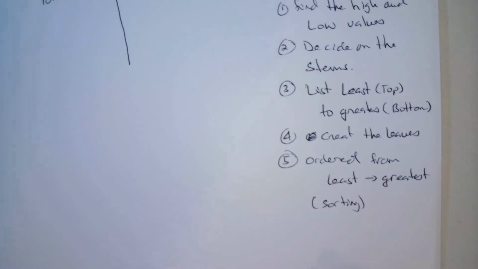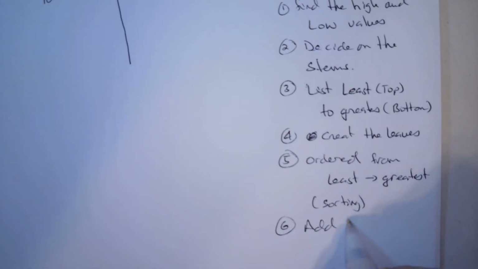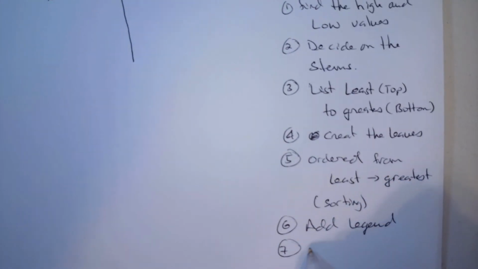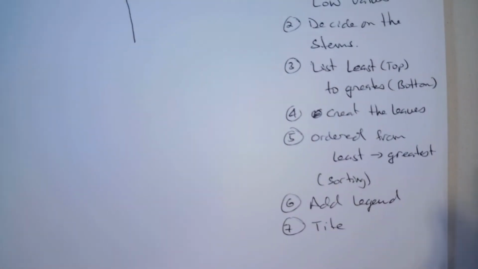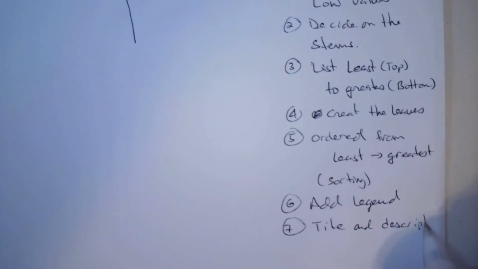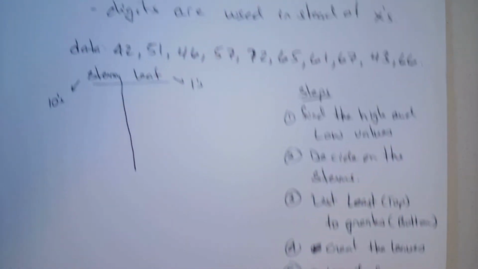Sorting. Then you add your legend. And then list your title and description. So these are the 7 steps.